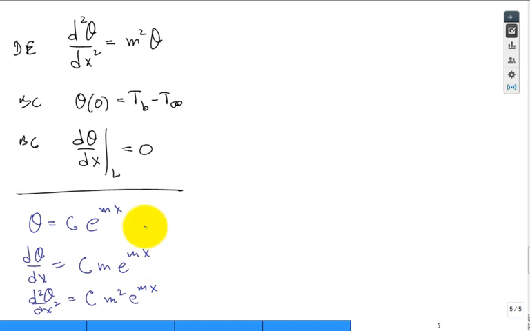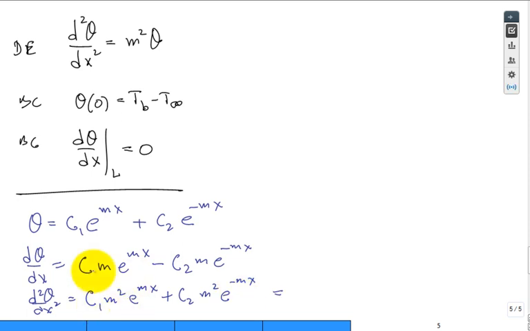What happens if I put a C1 e to the mx and then a C2 e to the minus mx? Well, if I differentiate that, it'll be minus C2 m e to the minus mx. And if I differentiate that again, that becomes a plus C2 m squared e to the minus mx.